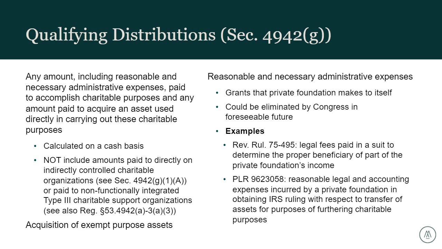But as long as your allocation methodology is reasonable, something you use on an ongoing basis each year, and something you can substantiate, then you can take a portion of those expenses and allocate them towards your qualifying distributions.